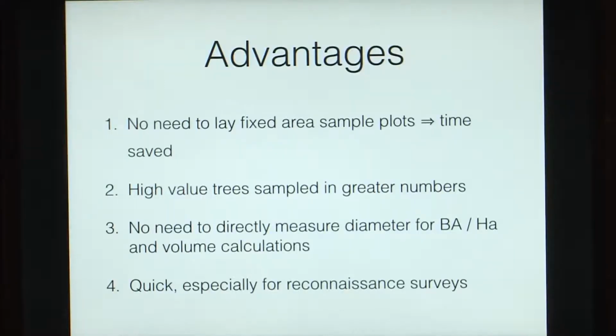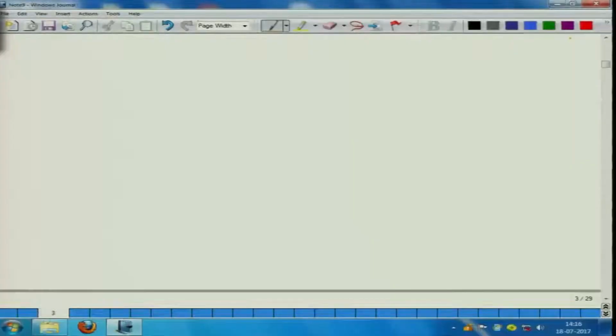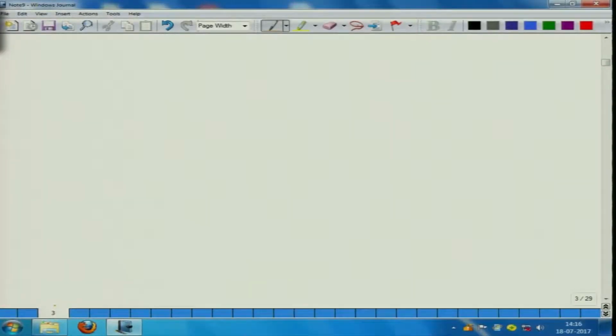So, one, we do not need to fix any fixed area sample plots. Also, the high value trees in the case of point sampling are sampled in greater numbers. So, what does that mean? If we went for a fixed area sample plot, then this is how our stand would look.